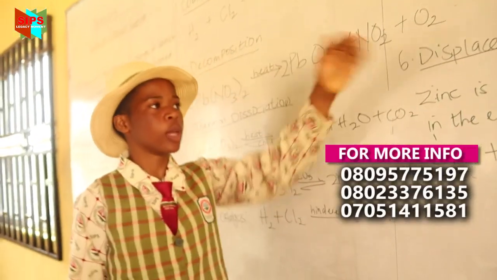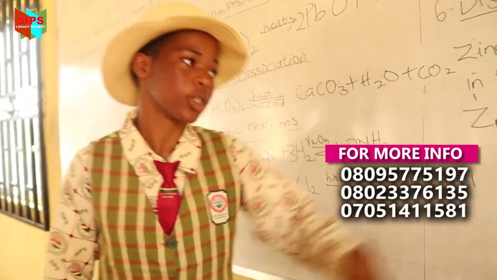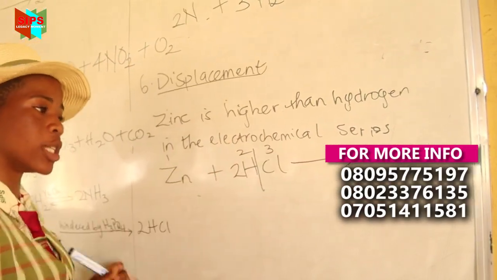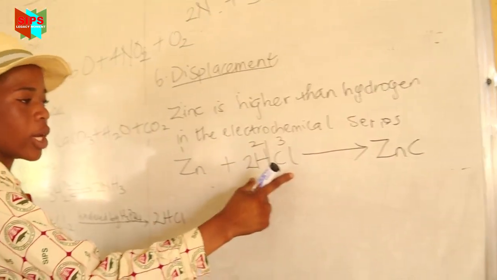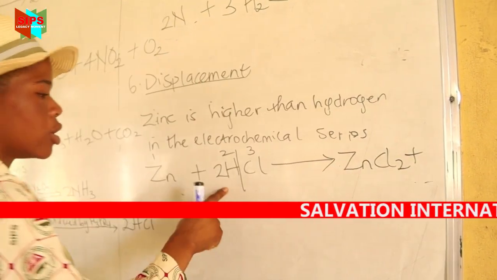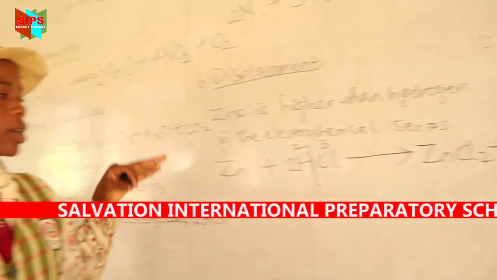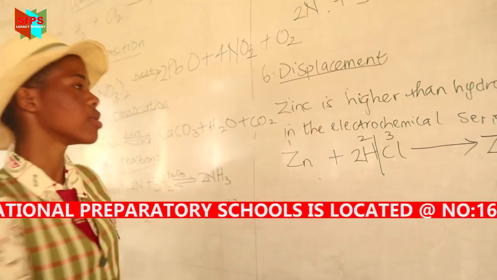That is the aim of displacement. That means one element replaces another element or radical in a series. So zinc will go to chlorine, 1 goes to 3, 2 stays alone. Zinc. How many chlorine do we have here? 2. Plus hydrogen, how many do we have here? 2. That's H2. So from this we have seen that zinc has displaced hydrogen from hydrogen chloride gas.